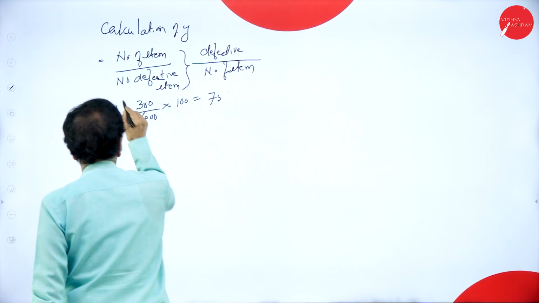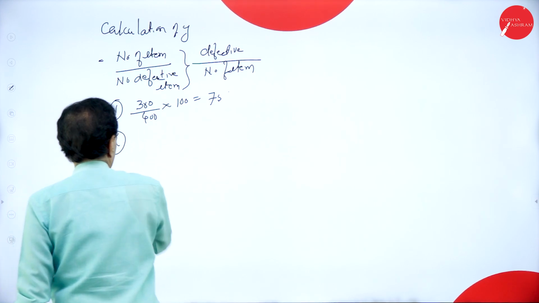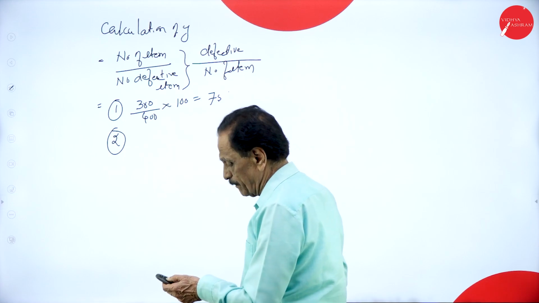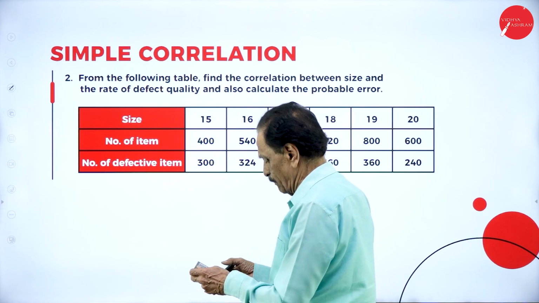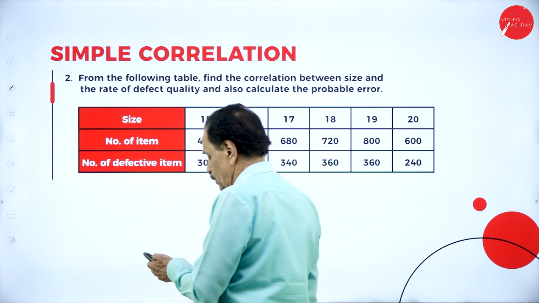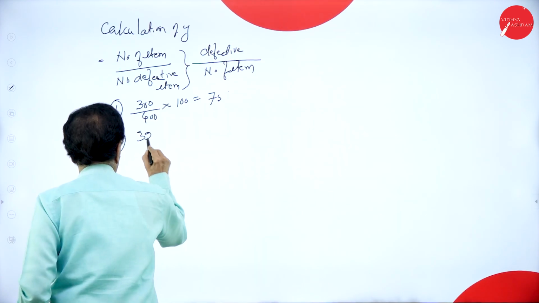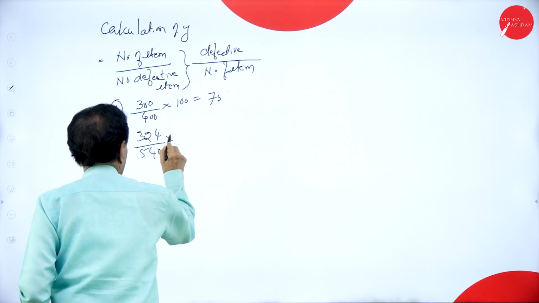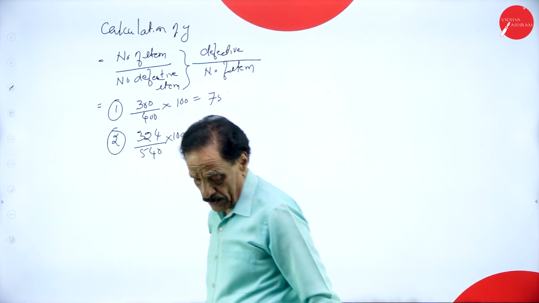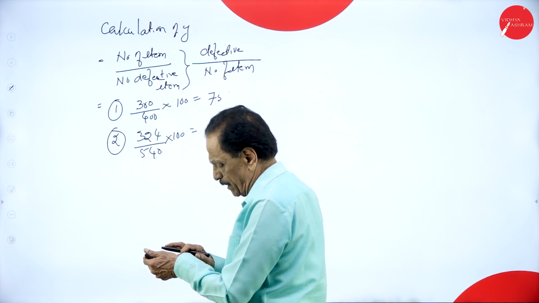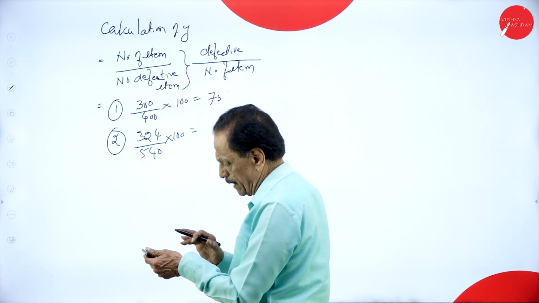Now this is number 1. Number 2, you are going to calculate the y. Second one, 324 divided by 540 into 100. This is 60.